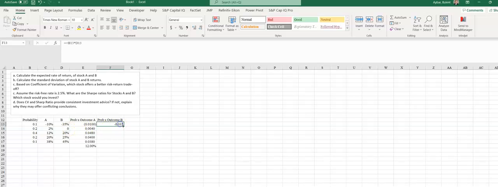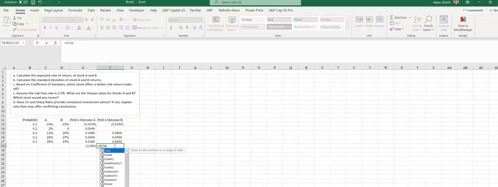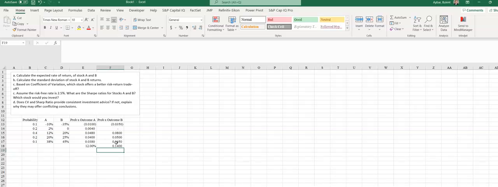And then we are going to copy these through and then sum them up. Again, we could tidy up a little bit, 4 decimals enough, and then we will sum all of these, and we will get what we want. So we got 14%. Again, we can turn this into a percentage.